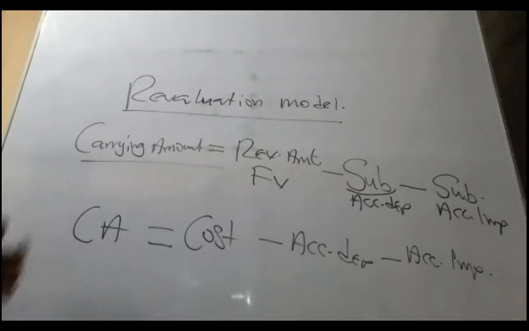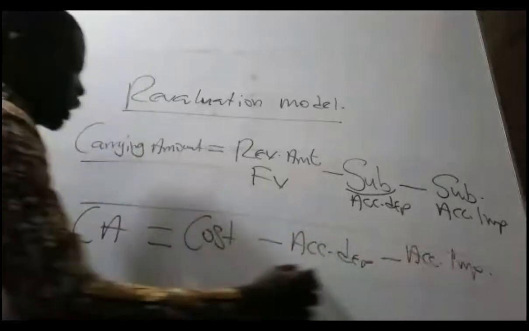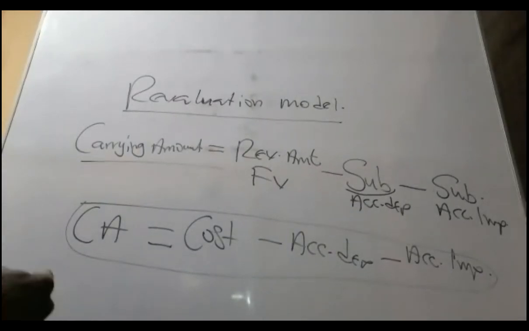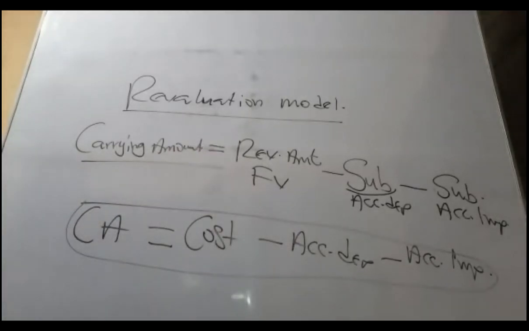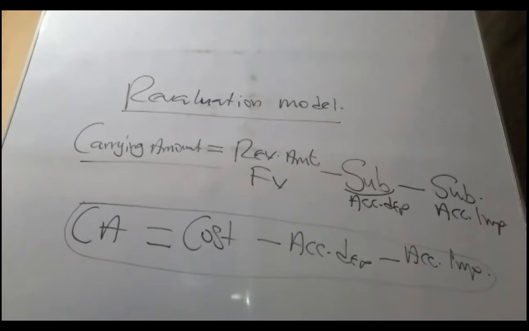Basically, that is the aim. Already we have looked at the cost model. So now let's go straight. Revalued amount is the fair value. The revalued amount of the asset is the fair value or the market value or the current value of the asset, as in the definition of revaluation in the terms we defined at the initial stage of these standards.